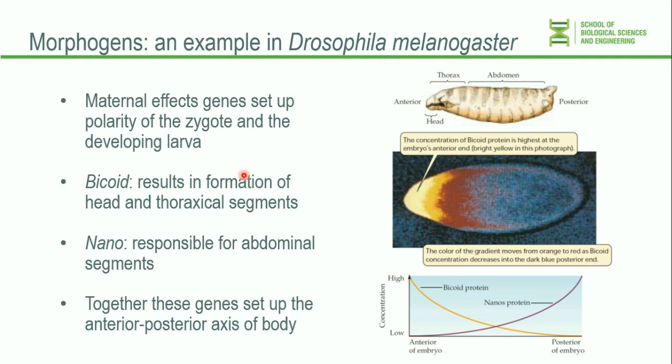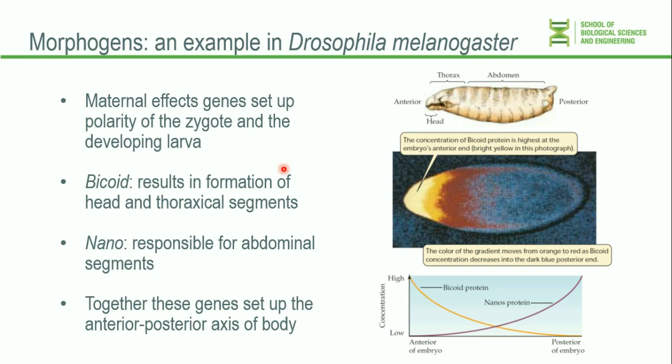Okay, here's an example of what this may look like in some organisms. And in this particular case, the example is from Drosophila melanogaster. Now, you should at this point know what Drosophila melanogaster is. It's the fruit fly, so it's an insect. Okay. Here we go.